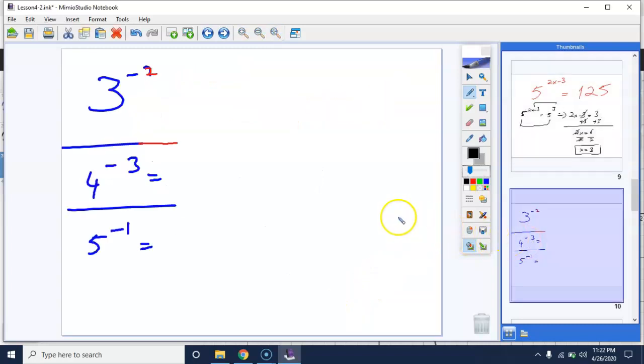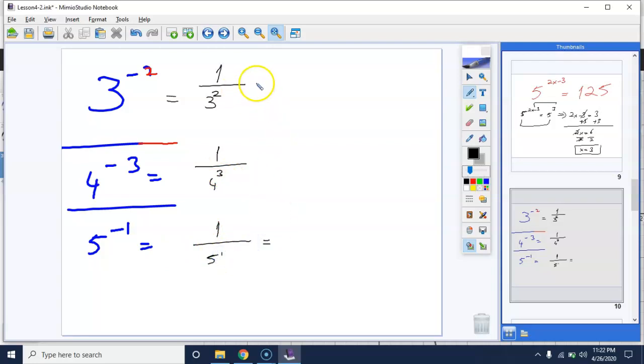Next, how do we deal with negative exponents? This is how we do it. If you see a negative exponent, you always do 1 over. Negative exponent, put 1 over. And then you go down, and there is no more negative anymore, because you do 1 over. Same as over here, 1 over 4 to the 3rd power. And here, 5 to the 1st power.